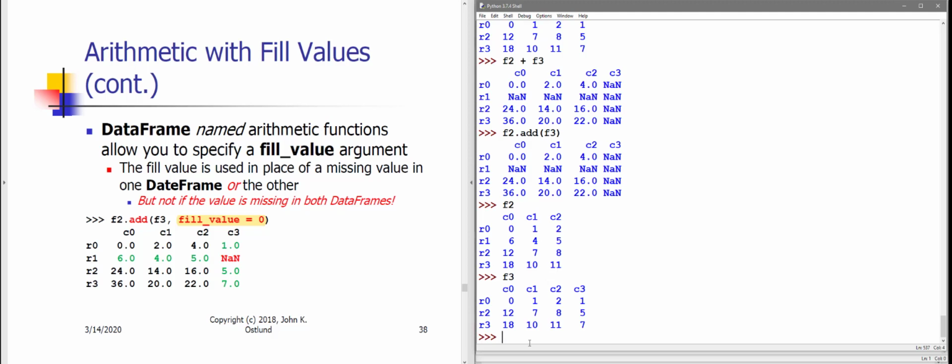So it's not possible to just fill in one of those missing values with 0 and have a good result.